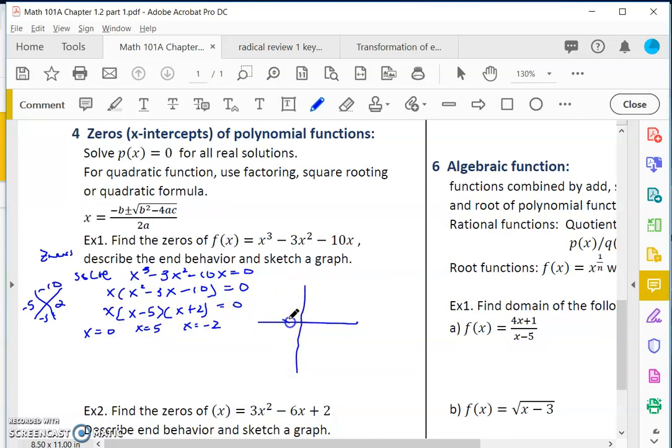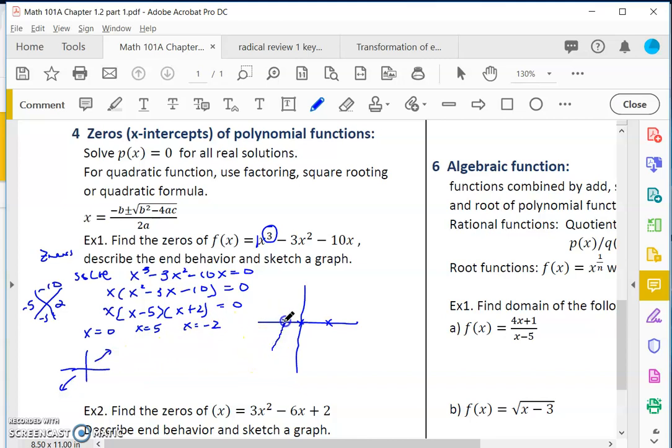So we're going to sketch the graph. We graph those zeros on our x-axis because they are x-intercepts. So how does it start? What is the end behavior? Because this is x cubed and our a_n is 1, we know it is the type where when x goes to infinity, y goes to infinity. When x goes to negative infinity, y goes to negative infinity.